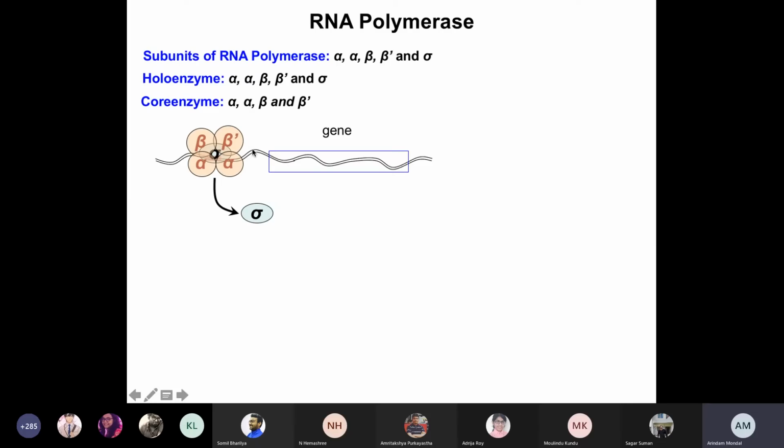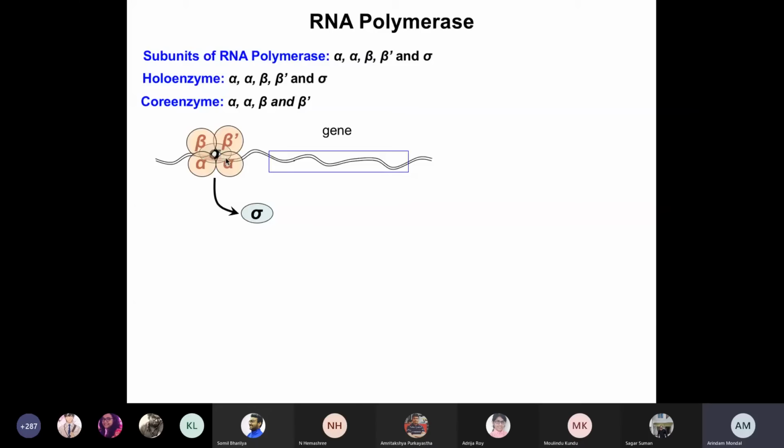The core enzyme is good enough to perform the RNA synthesis process. It needs the sigma only to recognize the promoter so that it can initiate the transcription process at a particular point. Okay, so that is the initiation.